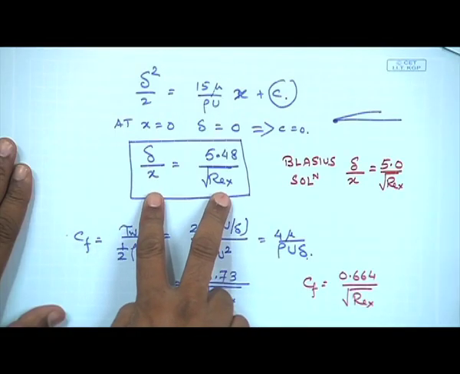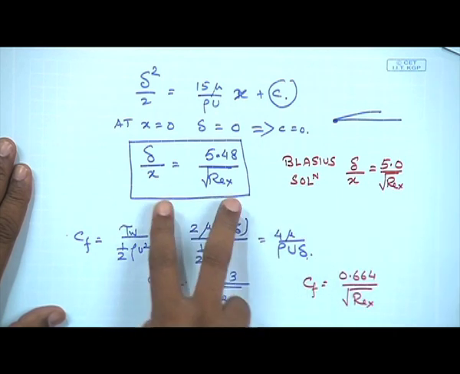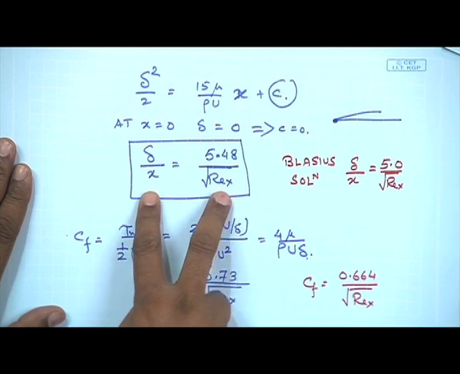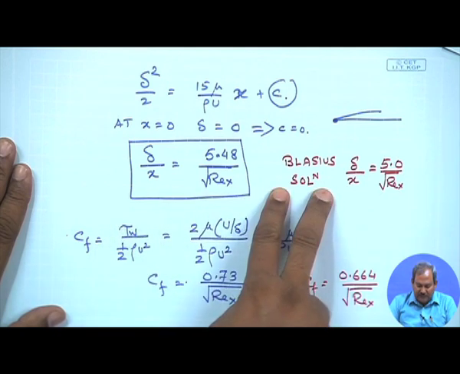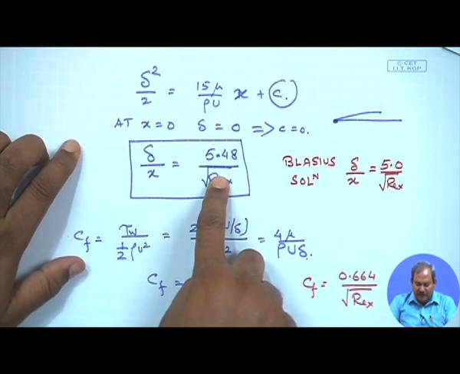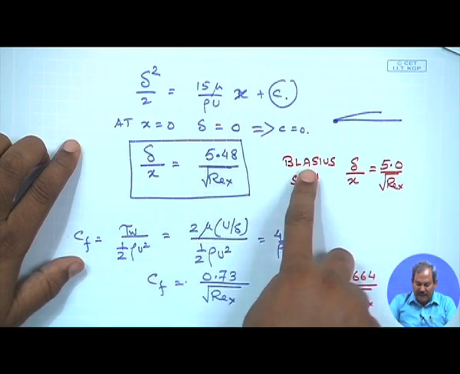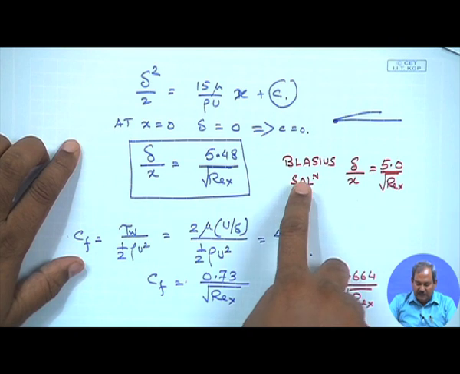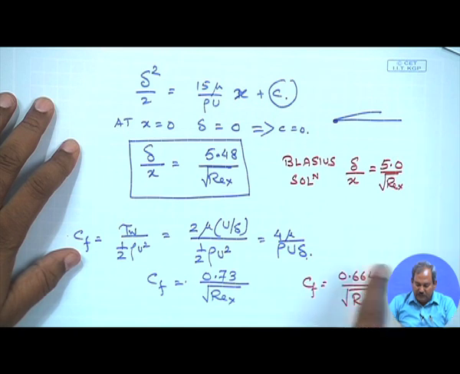See, the form of the two equations is identical between a method which is integral, which is easy to use, which does not assume most of the things that are required in the Blasius solution, and you get a relation of delta which is only 10% different from that of the exact solution of Blasius, coupled with the numerical solution by Howarth, and this is 0.73 and this is 0.664.